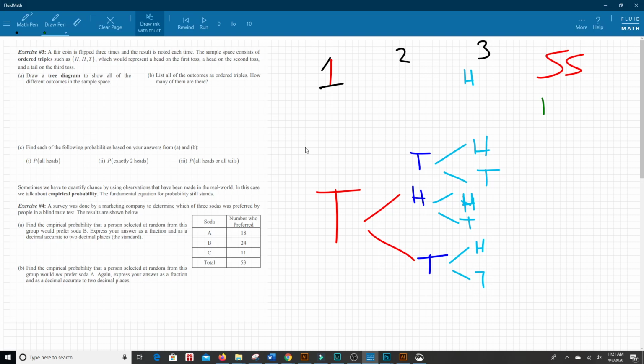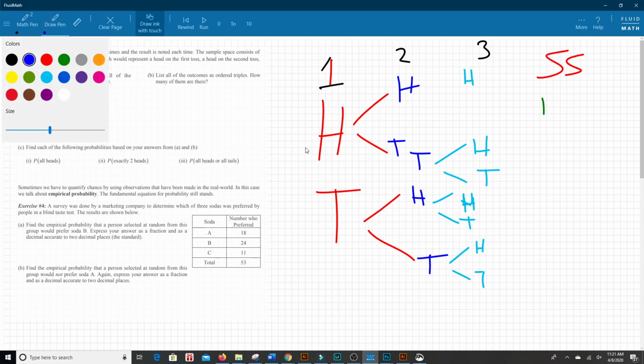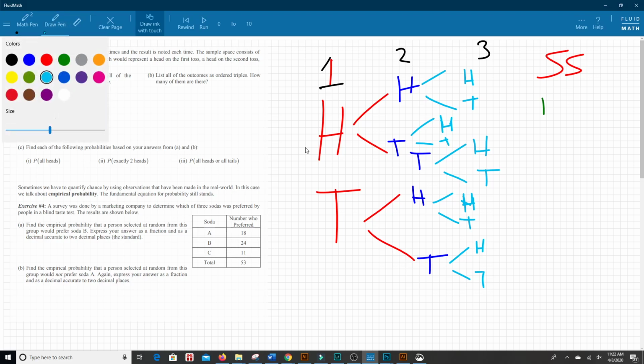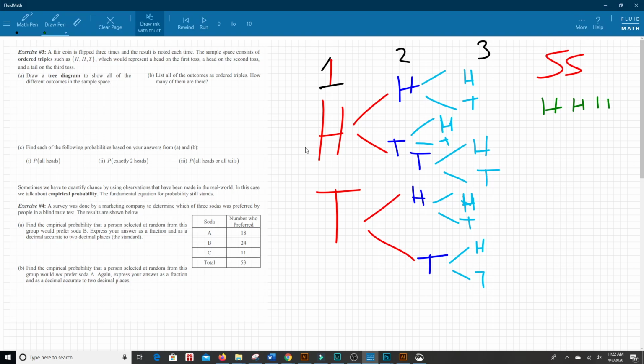Just redrawing this, guys. Sorry. Heads, tails. So if I highlight just my top rows, it's heads, heads, heads.